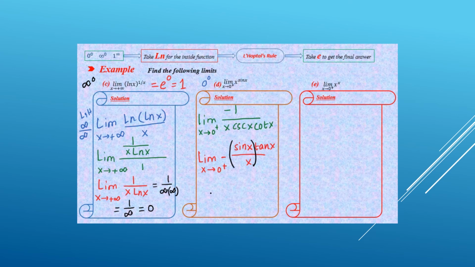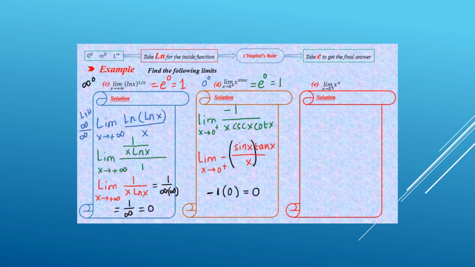So we have negative 1 multiplied by tan of 0, which is 0. So we have the answer 0. Then we go to the last step, and you have to take e to the 0 to get the final answer of our original limit. So our limit equals e to the power 0, which equals 1.